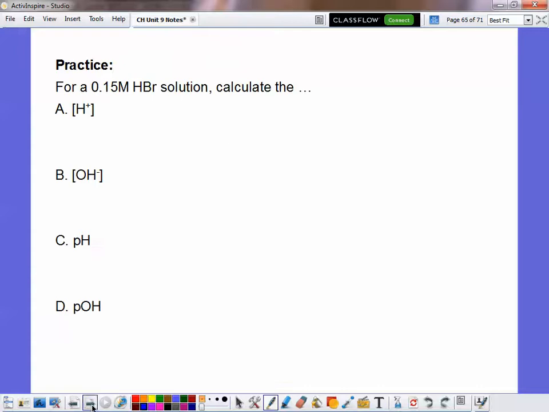Okay? So first of all, HBr. We have a 0.15 molar solution of HBr. What type of substance is HBr? Acid. It's an acid.